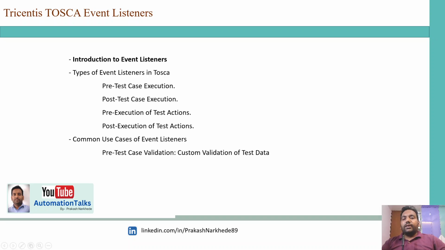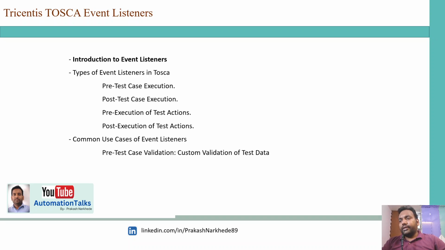This is very specific from project to project. Let's say there is a requirement where you want to perform certain validations on your test data before your actual test execution. Or let's say you're doing SAP test execution, and before that you want to make sure that your SAP system is up.